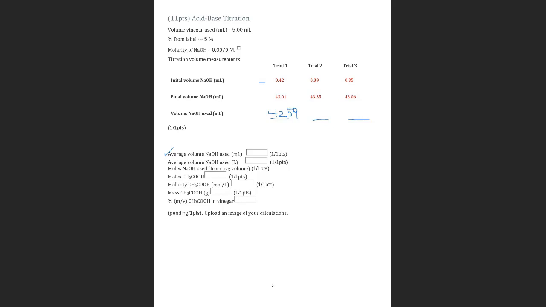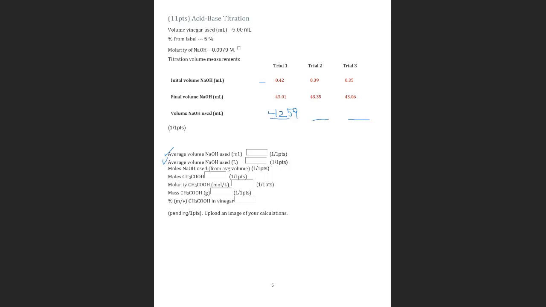That's easy. Yes, exactly. So the average, this plus this plus this. Okay, so that should be easy. And here in the first one, they say in milliliters, and then you divide by 1,000, because you will need it in liters.